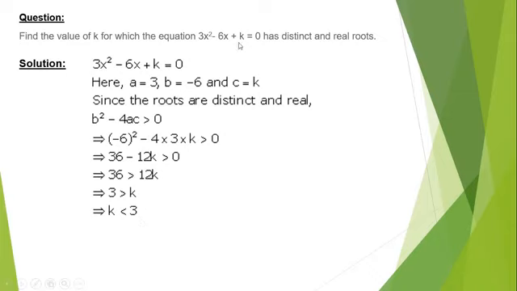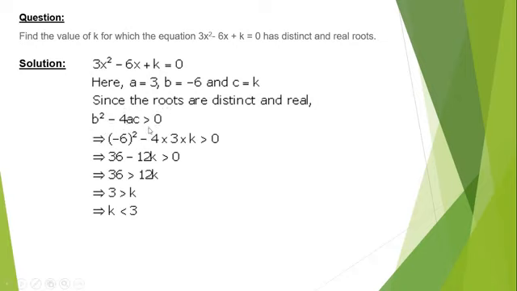Whenever we put any value of k less than 3, then b square minus 4ac will come greater than 0 and roots will be distinct and real. So this b square minus 4ac always plays a very important role while doing the solution.